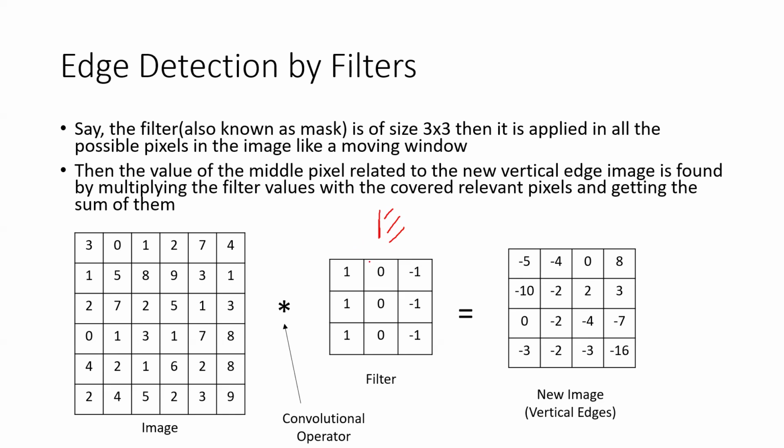In the middle column of pixels, there would be somewhat intermediate values, so that is why we are multiplying with 0. Once you multiply the high intensity values with +1s and the low intensities with -1s, you will get a larger positive value.